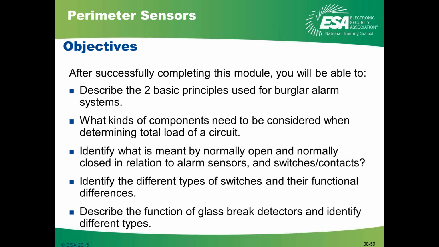Again, we're still having to go down the path of describing what's normally open, normally closed, and individuals still confuse when we're talking about the switch or contact versus the panel itself. We're talking about the zone.